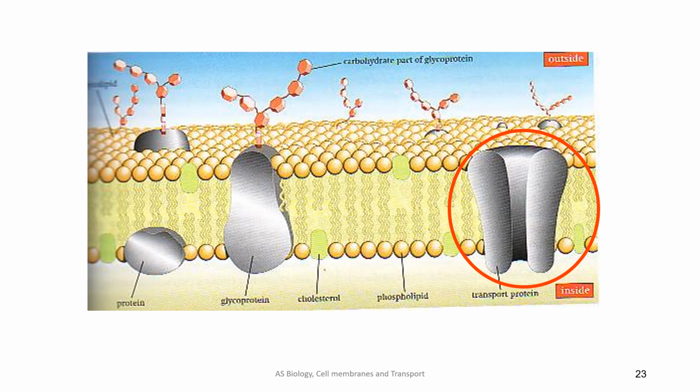So you can see here that this is just another example of that fluid mosaic model. You can see that phospholipid bilayer, some cholesterol stuck in there, all sorts of stuff. And you can see that transport protein, so that protein channel that is ready to take in something through facilitated diffusion, which we will talk about in a second.